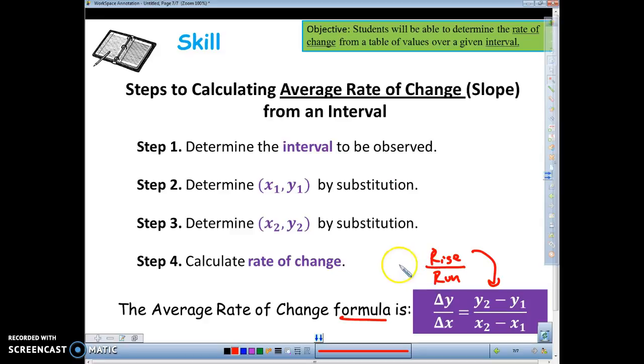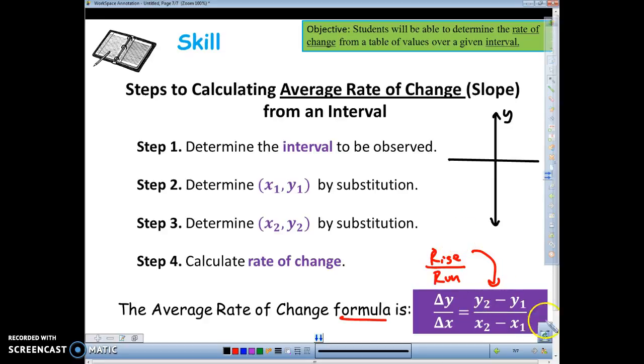Now I hope you notice, if I had a coordinate grid like this, what axis is this? This is my y-axis, that controls up and down. That controls if I rise or go down, hence, rise.